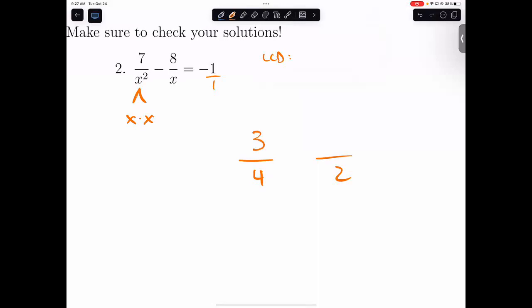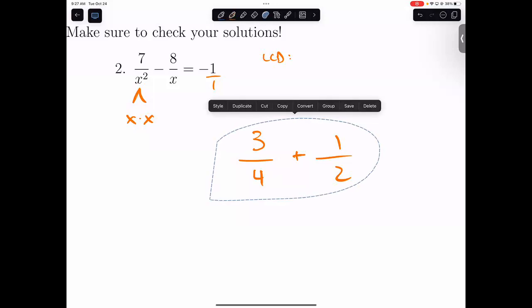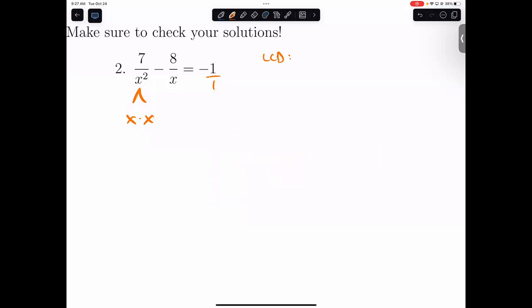If I'm adding 3/4 and 1/2, I can't break this down further. I have to build this one up, right? It's the same idea. So the lowest common denominator, least common multiple, smallest thing they all go into would be x squared. Because I can take this up to x squared if I multiply by x on top and bottom. I can't take the 7 over x squared and take an x out of that. Does that make sense?